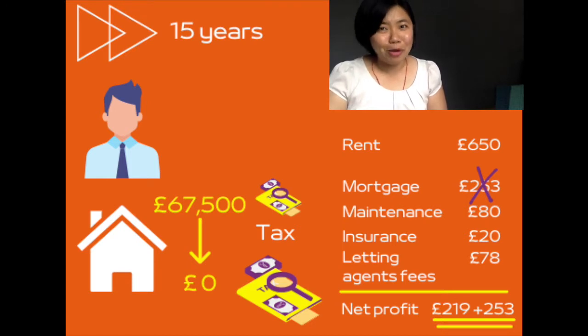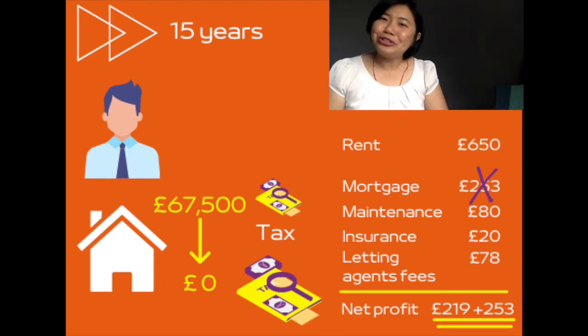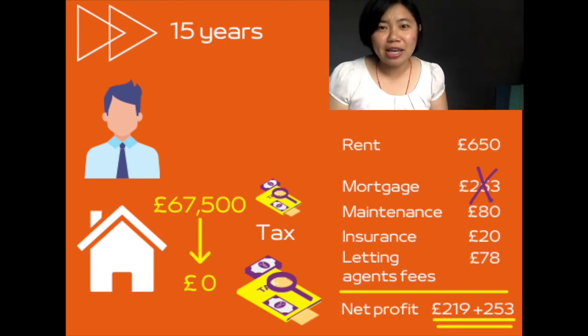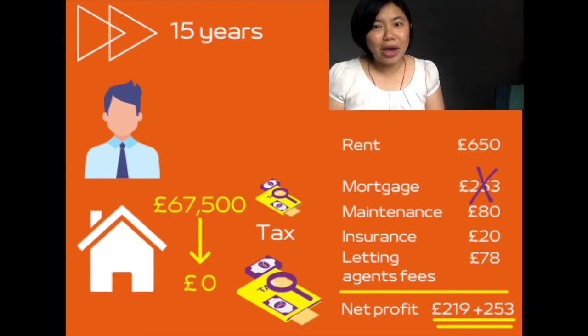The government will come along and say, hey, you two have the same job, you have the same property, and the same money coming in. But Sam, because you've paid off your mortgage, here's the reward. You have an extra £100 to pay in taxes. Congratulations.